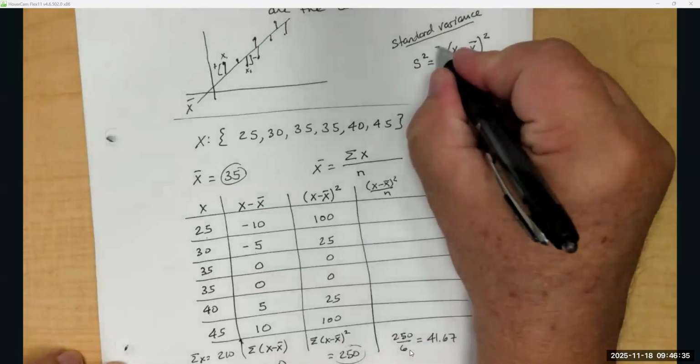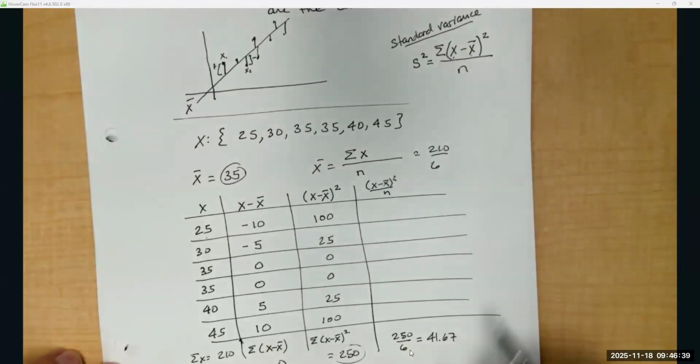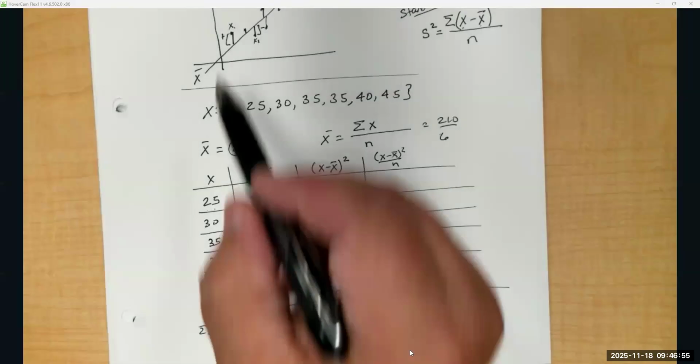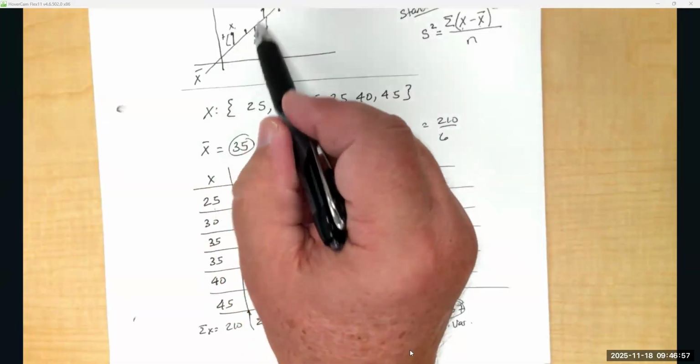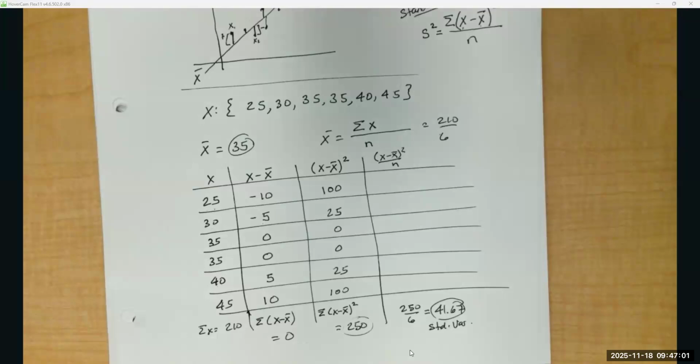So we added up all of our distances. That is our variance. What that tells us is the distance up and down on all of these things averages out to be 41.67.